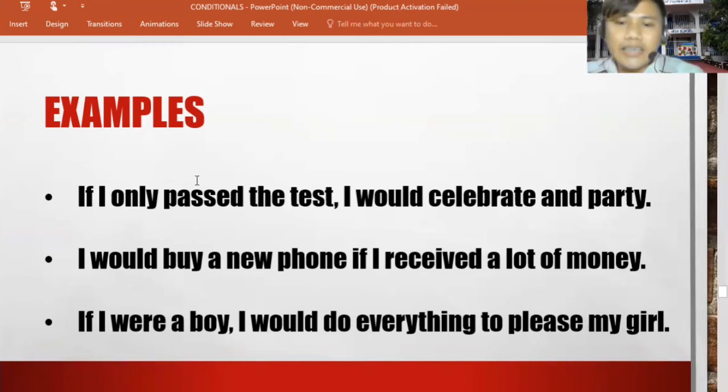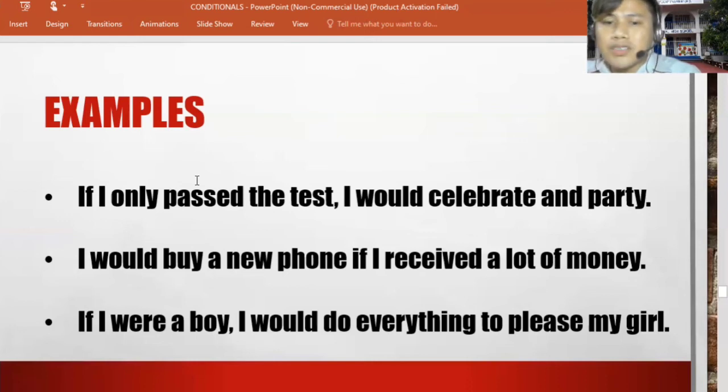So second, I would buy a new phone if I received a lot of money. Okay, so in here, as you can see, our main clause comes first before our if clause.